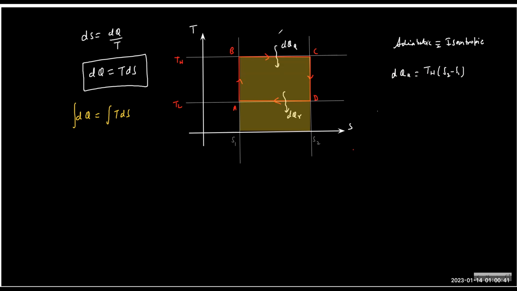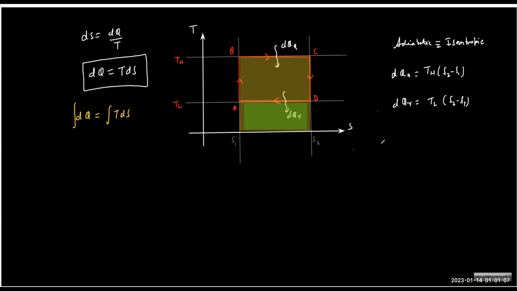What is the heat rejection? This area. You realize this. So the dQ rejected we can simply write as TL into S2 minus S1, right?